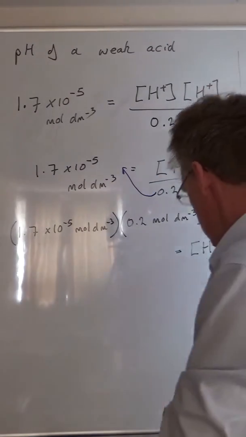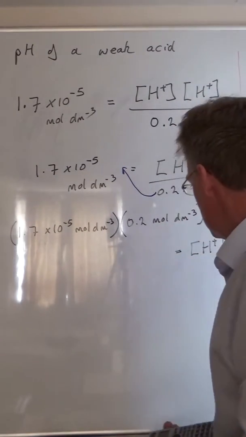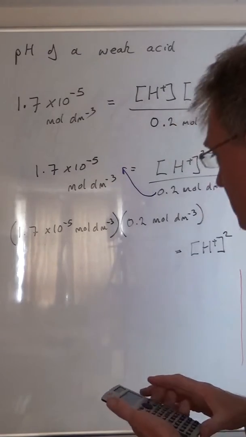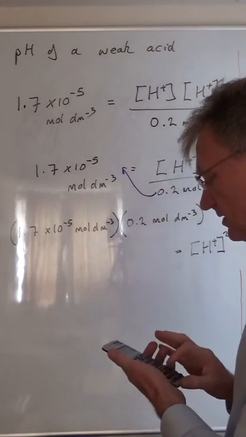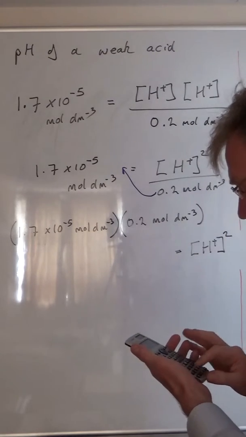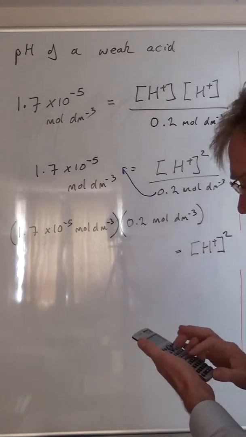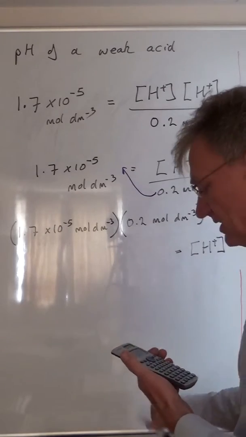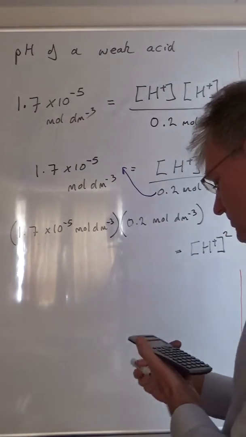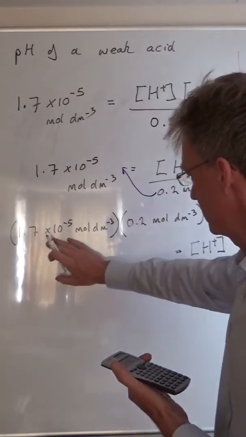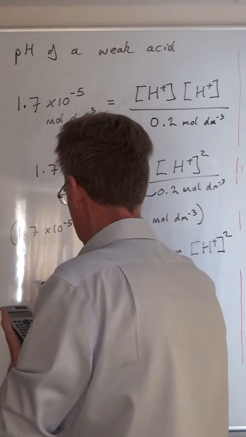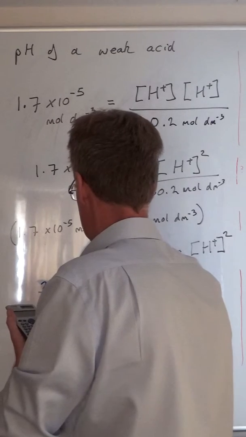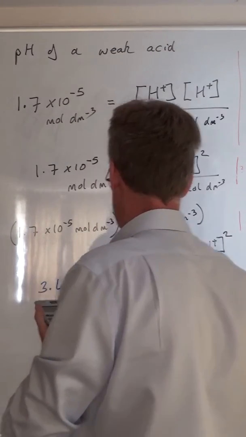Okay, so if I do that on the calculator, 1.7 times 10 to the minus 5 times 0.2 equals that. The numerical value from multiplying 1.7 times 10 to the minus 5 by 0.2 is 3.4 times 10 to the minus 6.